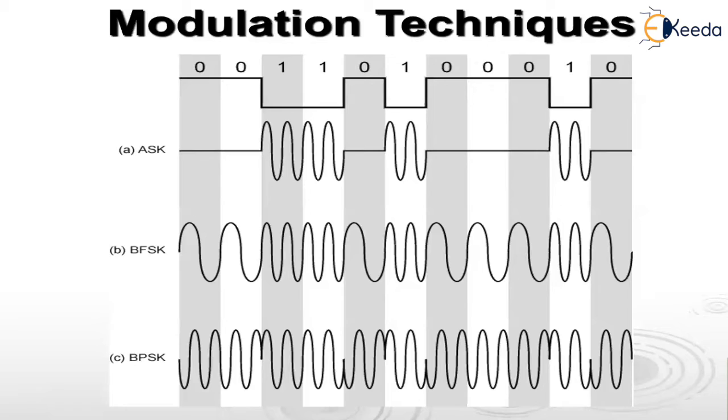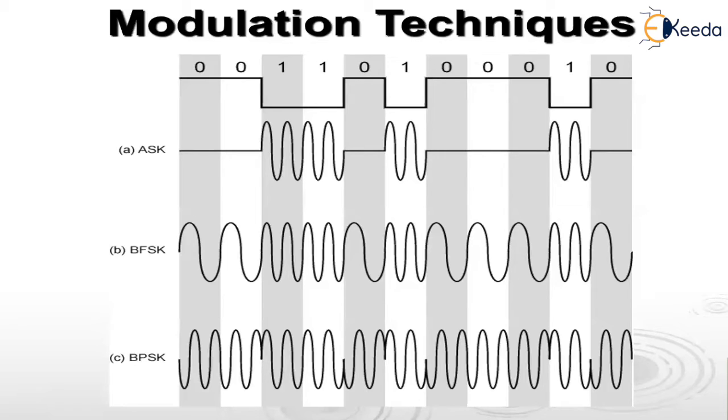In differential coding, the information to be transmitted is represented in terms of changes between the successive data symbols rather than the signal elements themselves.